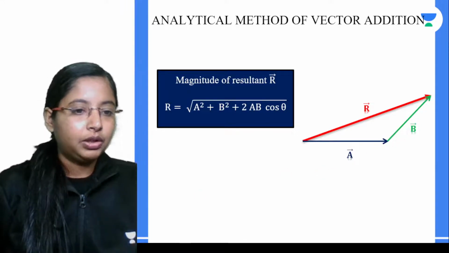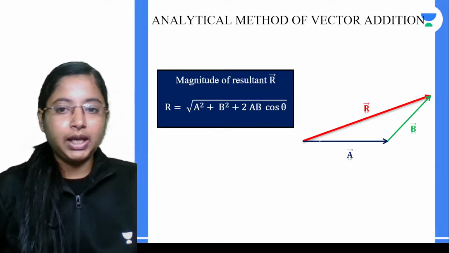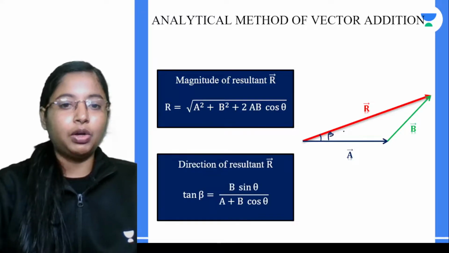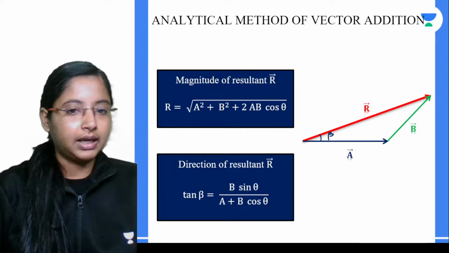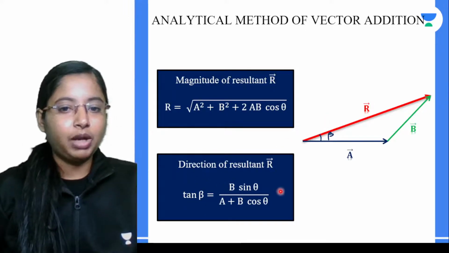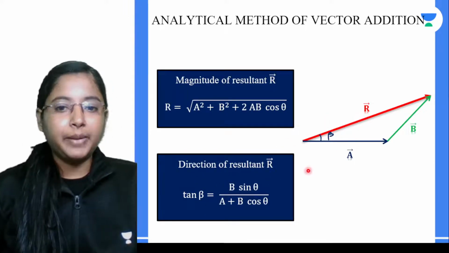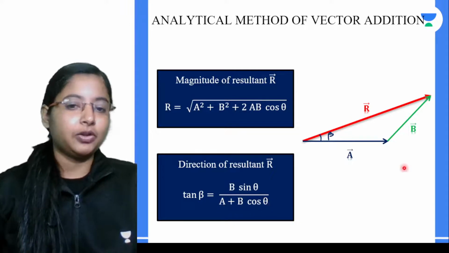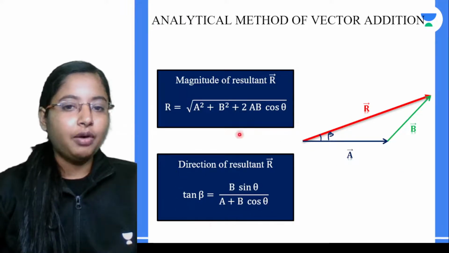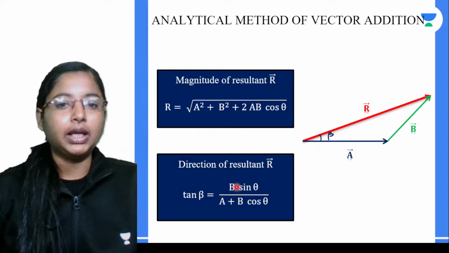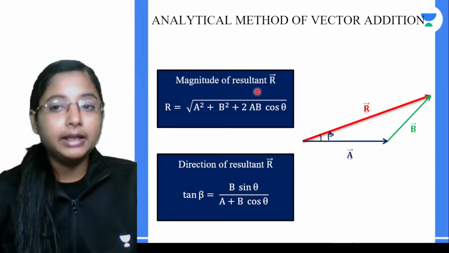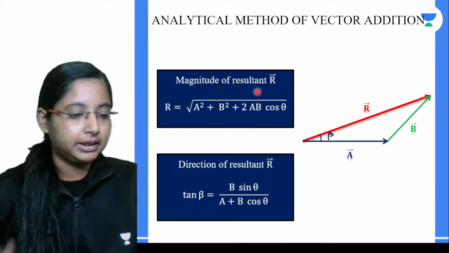Now this angle between A and the resultant R is beta. If you want to find the direction of the resultant R, then we use this formula, tan beta is equal to B sin theta divided by A plus B cos theta. So this is how we find the resultant vector's magnitude as well as direction.